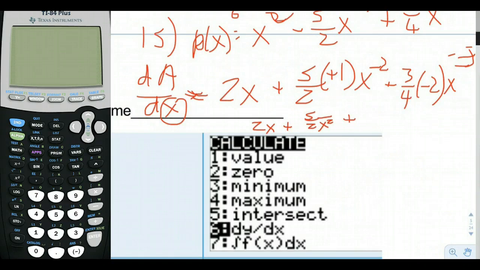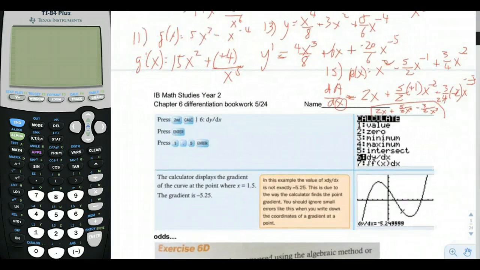I'm sorry, it's not plus, it's negative actually. Negative 2 times 3/4 would be negative 6/4, or we could also say it's negative 3/2. You could just cancel that out, it's 2. So negative 3/2, and then the x cubed is in the denominator. Okay? So that is the answer to number 15, and that is the end of page 4.